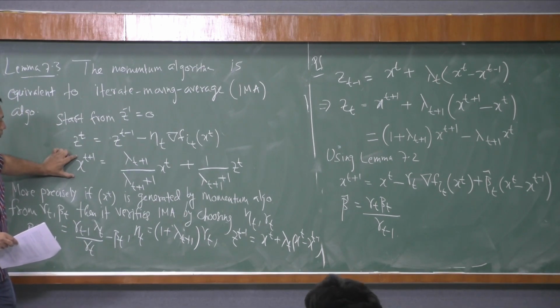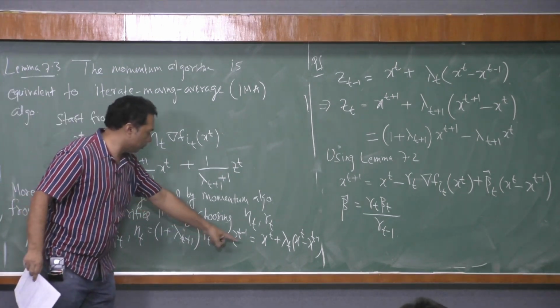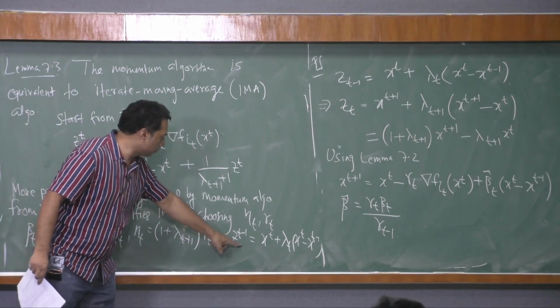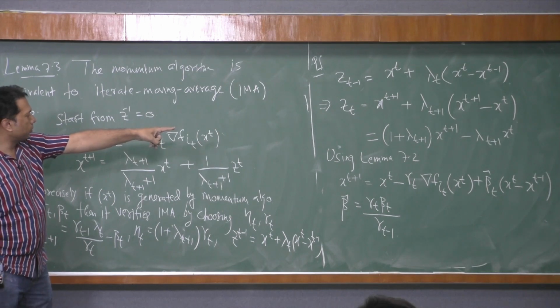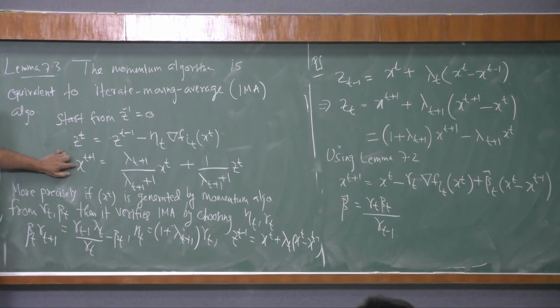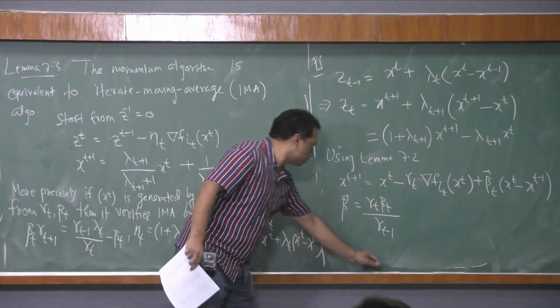This is already kind of found out right now because that's exactly the zt. So from here, these things were given to us. So from here we found out how z and x are related, and dividing by 1 plus lambda t plus 1 exactly gives us this form. We can solve for xt plus 1. So this is kind of there. Now we want to get this. So hence we invoked lemma 7.2, and now in the z iterate we will substitute xt plus 1 by this and do some algebra and see what happens.